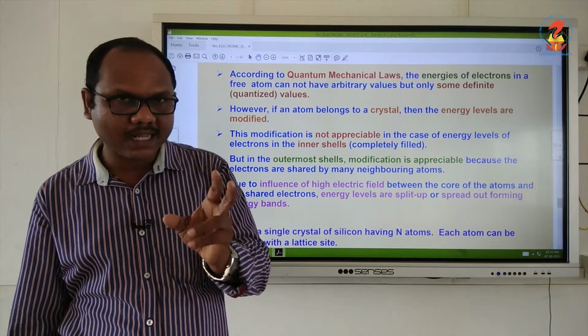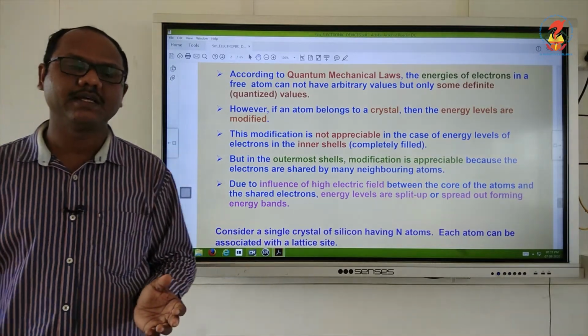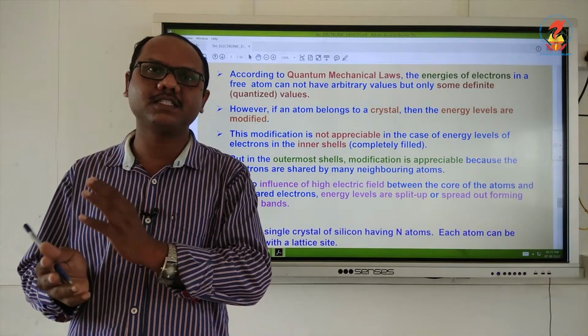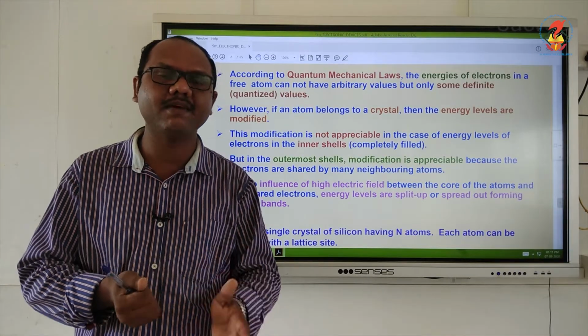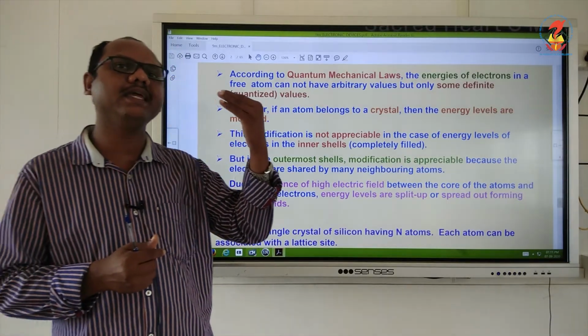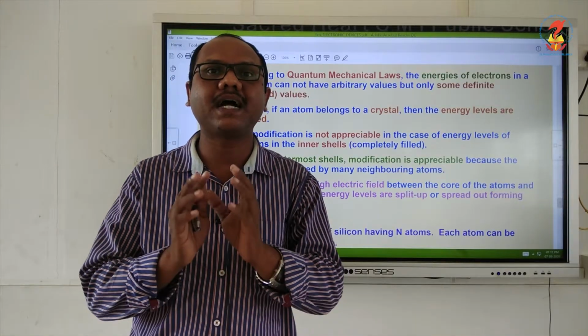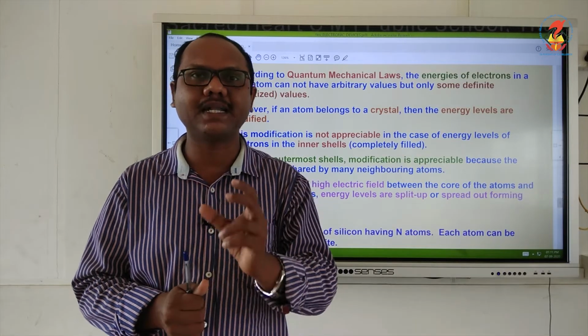Okay, so the energy level in the electrons in the valence shell is called valence energy band or valence energy level. There is one more higher energy level than the valence energy level, which is called conduction energy level or conduction band.